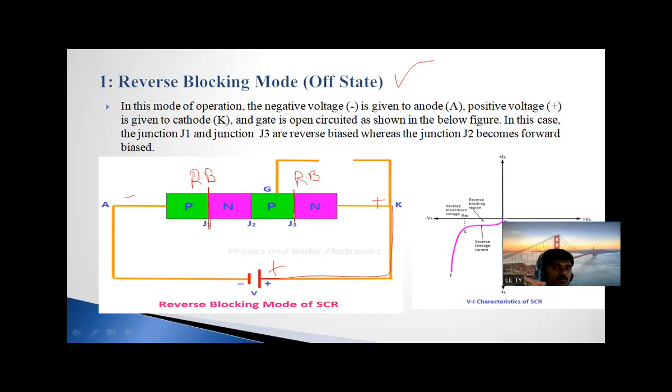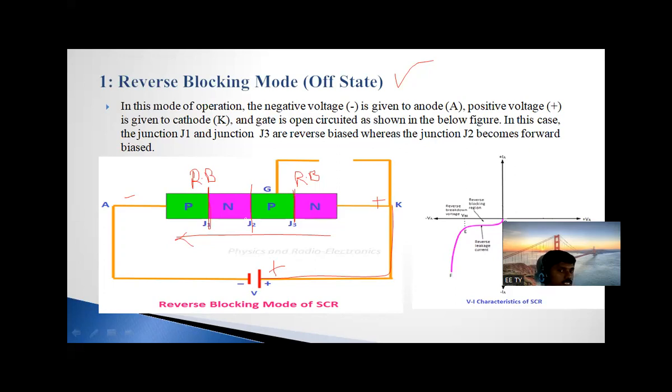So if these two junctions are reverse biased, is there any chance for current to flow from positive to negative? There is no chance. But here junction J2 is forward biased. How will it become forward biased?